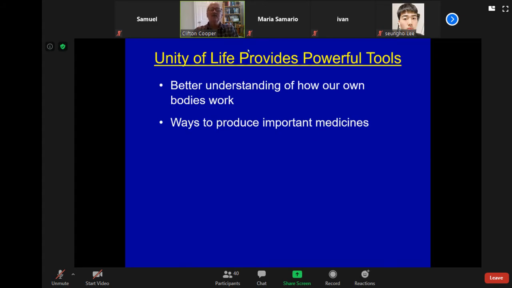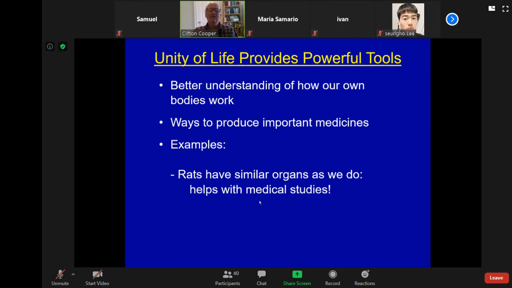We are able to take advantage of this unity, this shared aspect of features of life, to produce medicines, and I'll show you how that works. But as I mentioned, rats have a very similar organ arrangement to us. That's very useful in medical studies. And we are able to produce human insulin using bacteria.